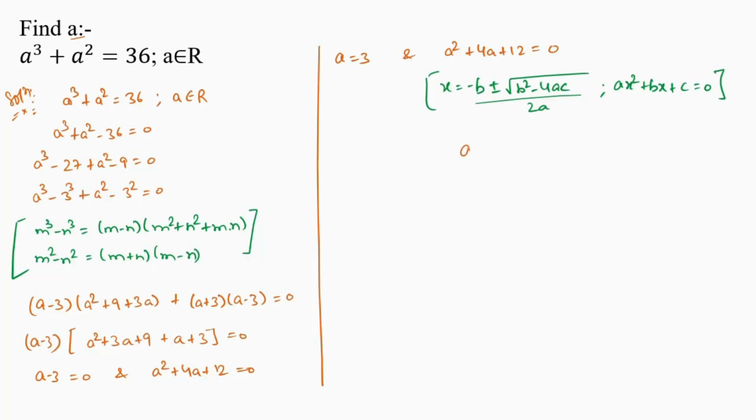So a equals to minus 4 plus minus under root 4 square minus 4 times 1 times 12 divided by 2 times 1.